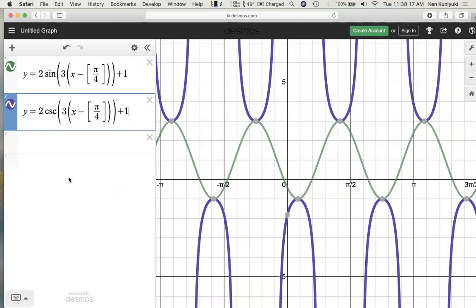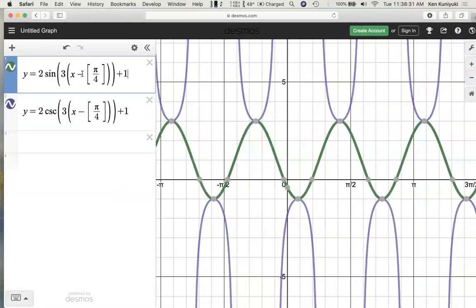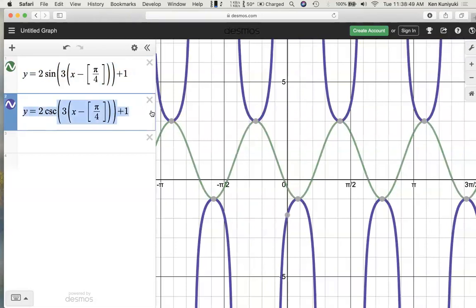So basically this tells me that if I wanted to graph a more general cosecant function like this, the key thing is to graph the corresponding guide graph, in this case with sine. And if I know how to graph the version with sine, then I play the whole up u down u game to get the graph I want for cosecant. And again, the same goes for cosine and secant. So being able to graph the guide graph, the sine graph here, is really helpful in graphing the graph we actually want.